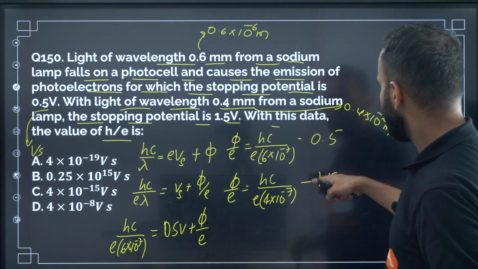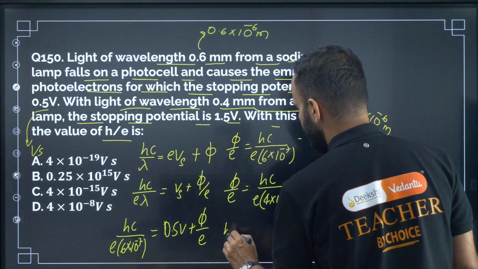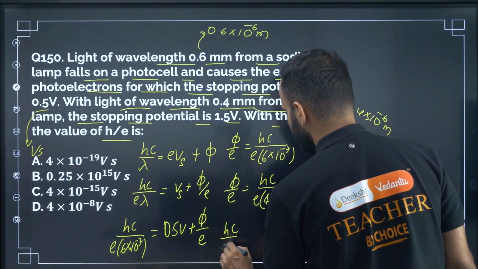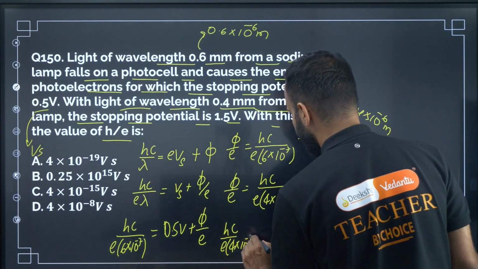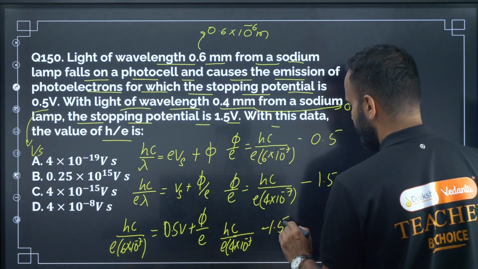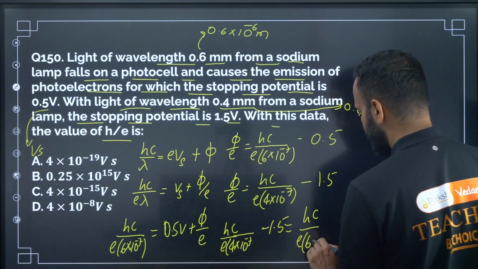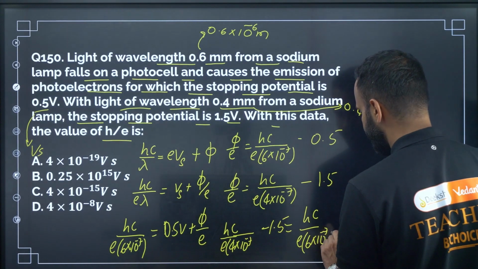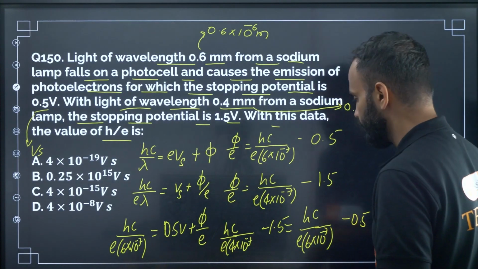So now from these two equations, substitute phi by e into this equation. hc divided by e into 4 into 10 to the power minus 7, minus 1.5, is equal to hc divided by e into 6 into 10 to the power minus 7, minus 0.5.